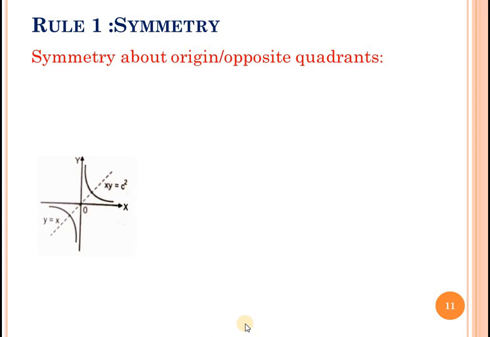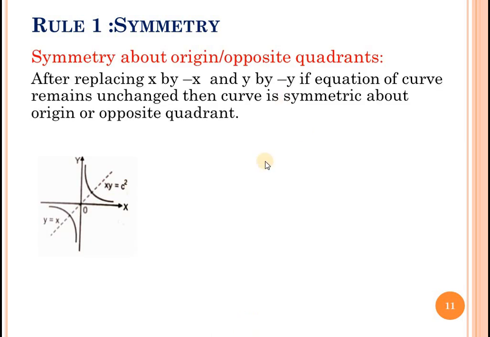Now symmetry about origin or opposite quadrant. After replacing x by minus x and y by minus y simultaneously, if the equation of the curve remains unchanged, then the curve is symmetric about origin or opposite quadrant. Now let us see the example: xy is equal to c square.